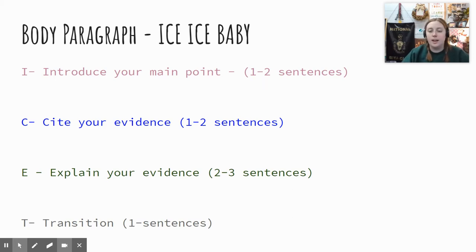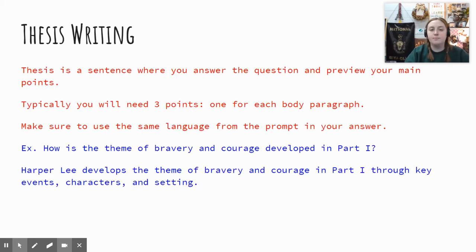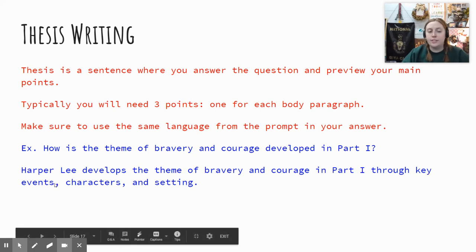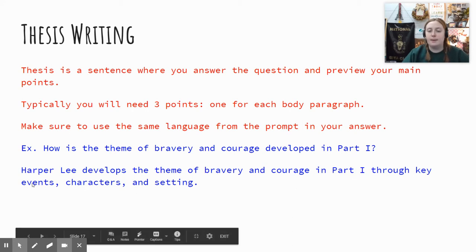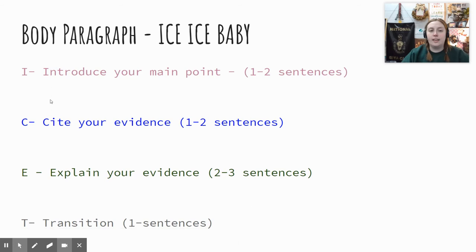So if we were looking at body 1, the first body paragraph will be talking about key events, because that's my first point in my thesis. So here, what you'll want to do is you'll say key events is one way that Harper Lee develops the theme. I'm just reintroducing what my main point is.